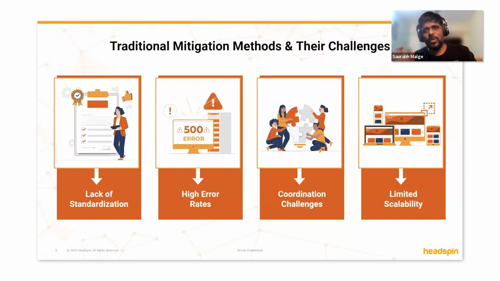There comes a factor of automation in a lot of cases when we are testing any application, not just enterprise, right? Scalability is a sister of automation. Unless you have your test cases automated, you won't be able to achieve the scalability you require for testing these enterprise applications, right? These are a standard set of mitigation methods and their challenges that you see, but it's not just confined to these four, right?